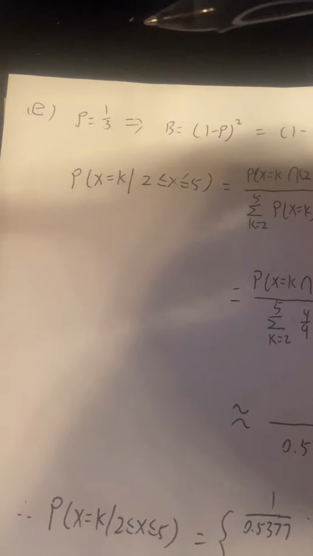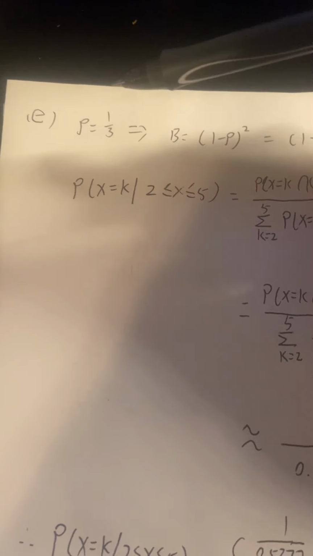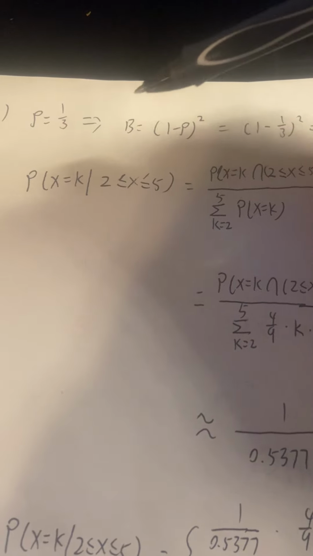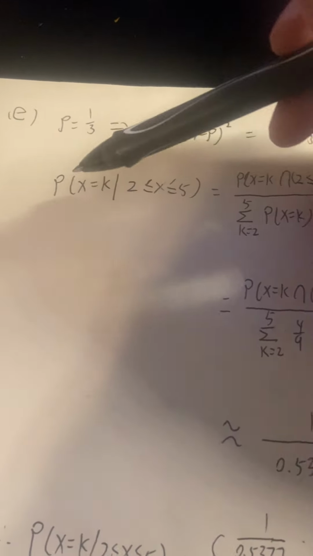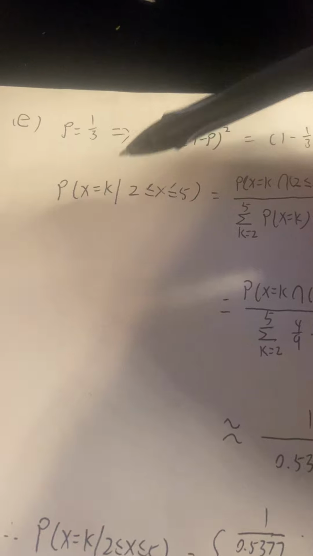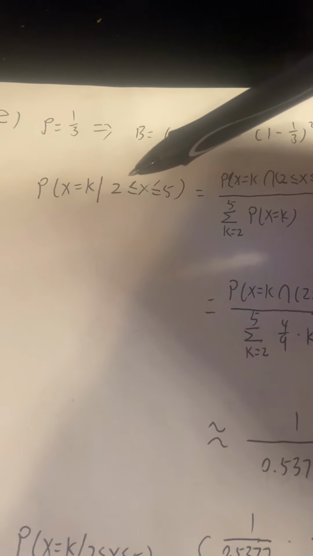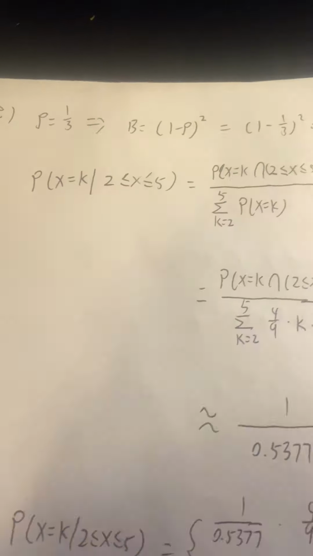Okay, problem E, let p equal 1/3, and we need to find the conditional probability mass function of X equals k when X is between 2 and 5.